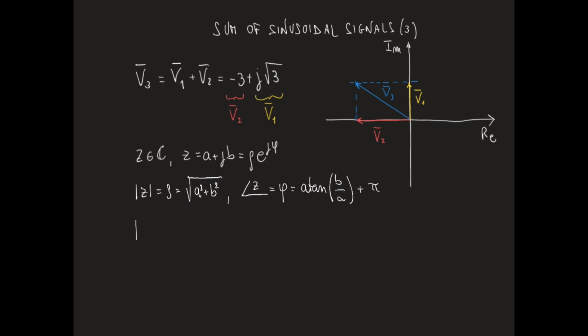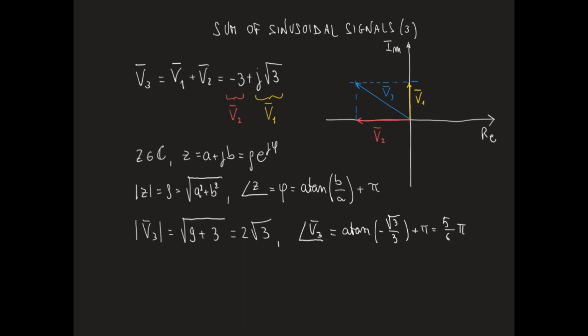So, the modulus of the V3 phasor is given by the square root of 9 plus 3, which is equal to 2 the square root of 3, while the phase of V3 is equal to the inverse tangent of minus the square root of 3 divided by 3 plus pi, which makes 5/6 of pi.